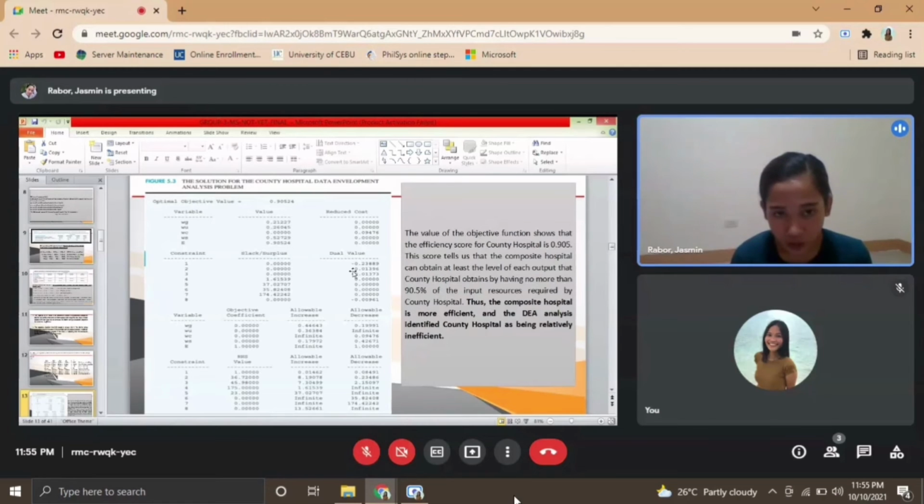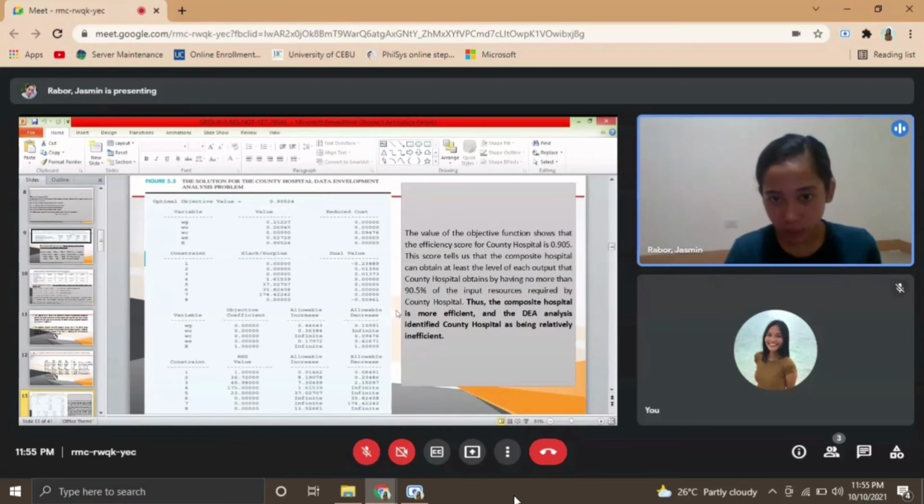And for the eighth constraint, which has a slack of 0, it shows that the composite hospital uses approximately 90.5% of the bed days used by county hospital.